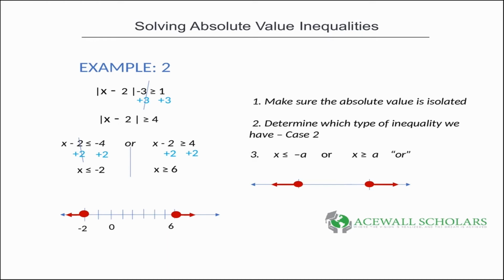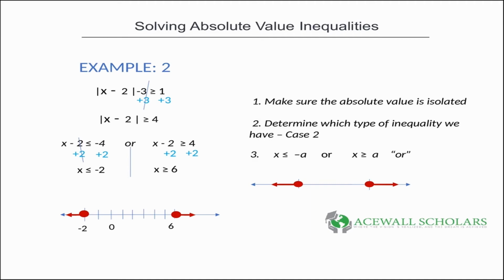Let's finish our example. So we're going to take our expression out of the inequality and have x minus 2 is less than or equal to negative 4, which follows our solution form, or x minus 2 is greater than or equal to 4.